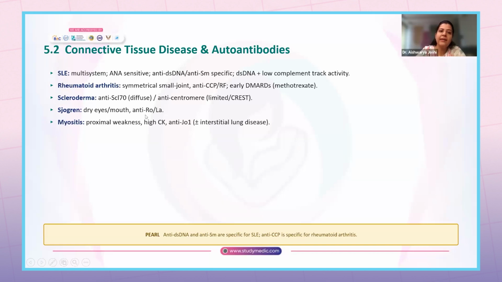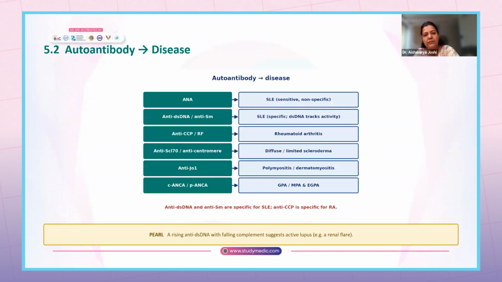Sjogren's, anti-Ro, anti-La antibodies, and it presents with dry eyes and dry mouth due to sclerosis of the glands. Myositis presents with proximal weakness, raised creatine kinase. Anti-Jo1 is for polymyositis. This is a chart form of the diseases that we just studied.